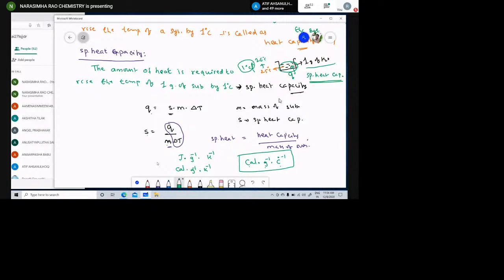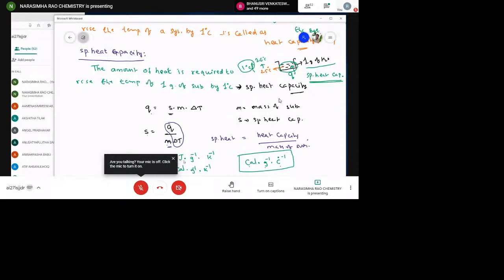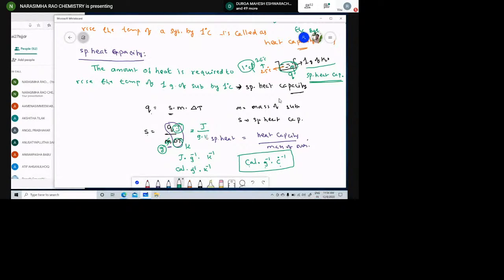Yes, sir. Then what is joule, gram, kilo? Joule gram inverse Kelvin inverse. Heat is in joules. If you are supplied heat measured in joules, the mass of the substance taken in grams, and temperature measured in Kelvins, then it is joule upon gram Kelvin.